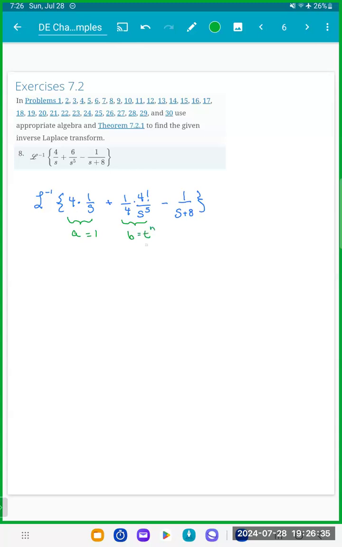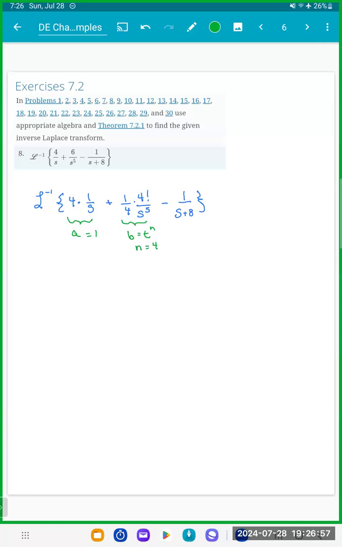In this case, our n is 4, because if you look at the transform, this is s raised to the n plus 1. And so if it's s raised to the 5, that means n has to be 4.